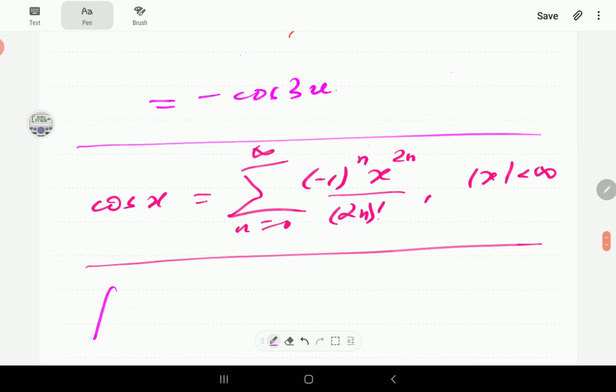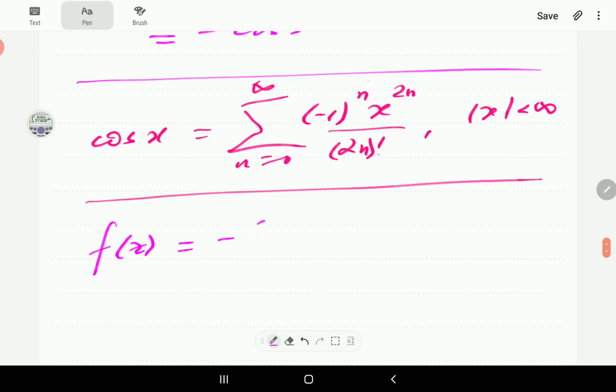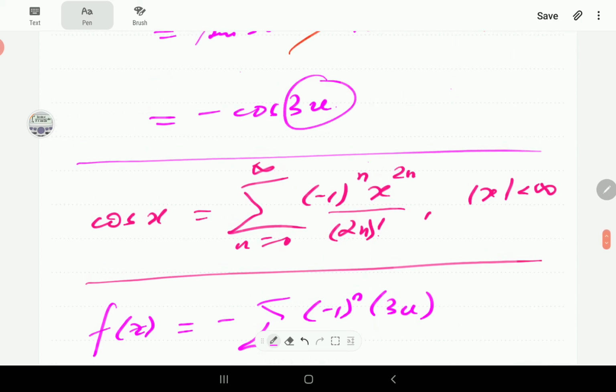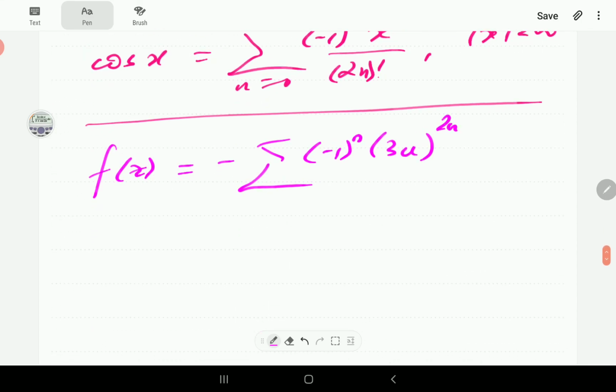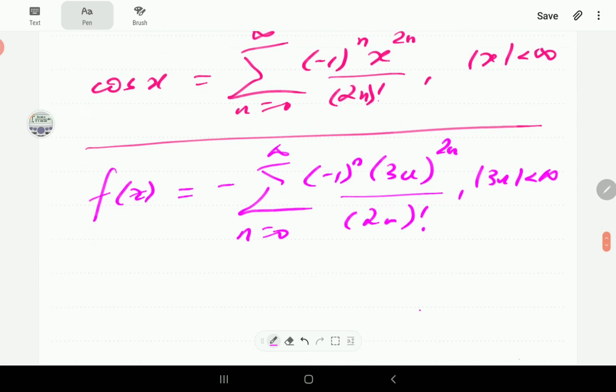So that means for our f, we're going to have the negative of the summation of -1 to the power n, 3u, which is our argument here, to the power 2n divided by 2n factorial. So of course we're going to get that condition on the radius of convergence.